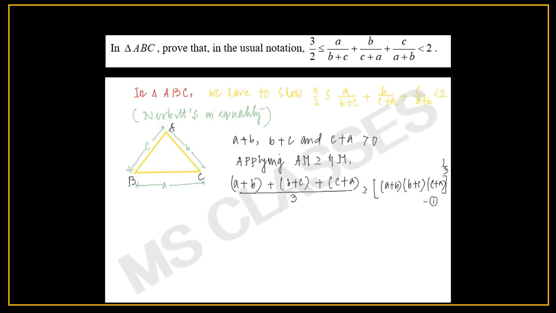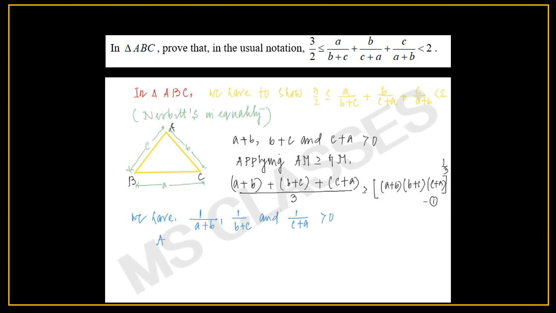Now, when a plus b, b plus c, c plus a are positive quantities, then we must have 1 by a plus b, 1 by b plus c, and 1 by c plus a also greater than 0. So over this also we can apply the AM-GM inequality.